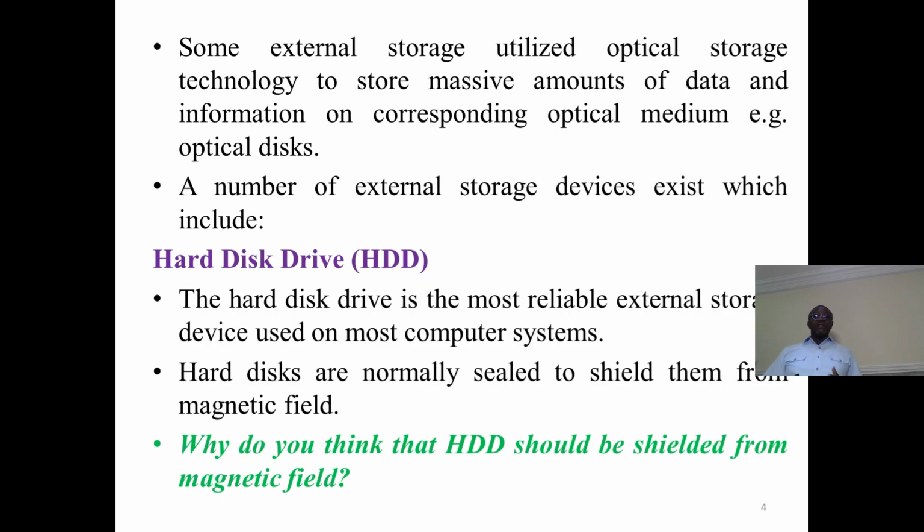A number of external storage devices exist, which include the hard disk drive, referred to as HDD. The hard disk drive is the most reliable external storage device used on most computer systems. Hard disks are normally sealed to shield them from magnetic field.